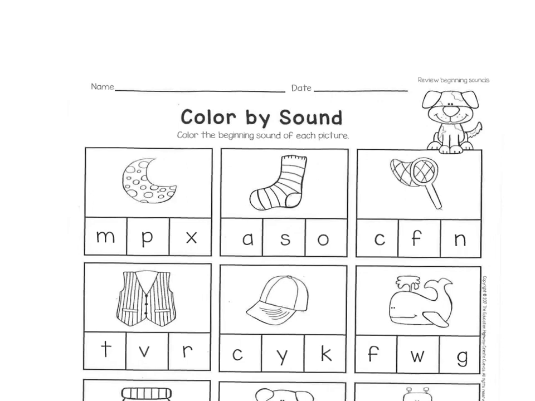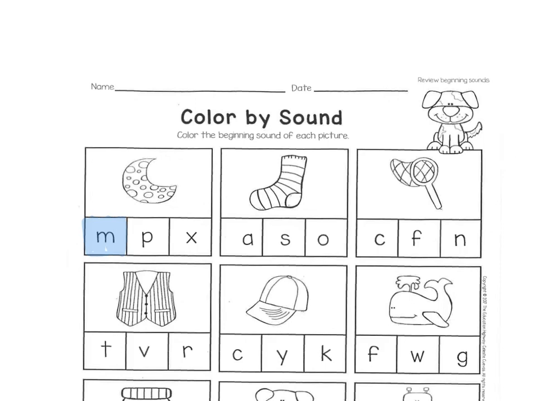So we're not starting off with oo or n. We're starting off with the beginning sound, which is moon. Okay? Go ahead and fill in the correct answer. Okay? If you colored in the letter M, you are correct. Okay? So moon starts with the letter M.